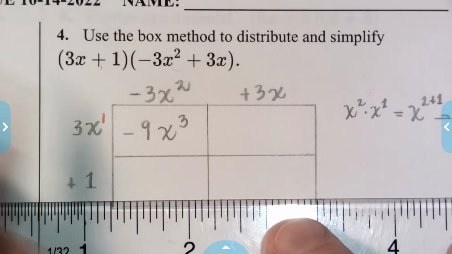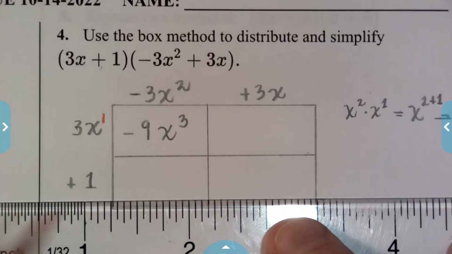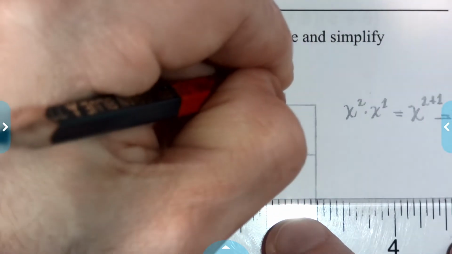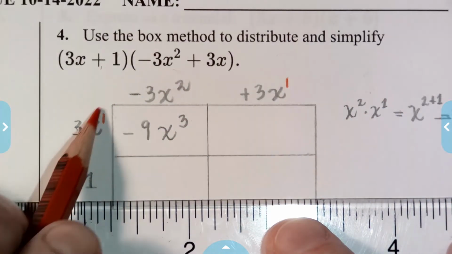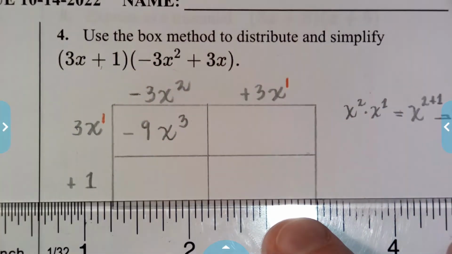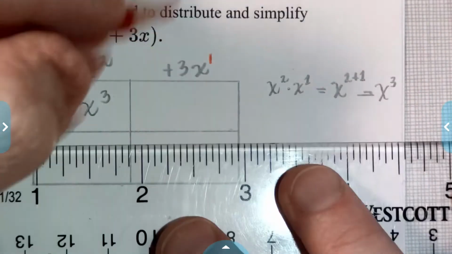And now, that was our cubic term, here comes our quadratic term. 3x to the first times 3x to the first. Now, you know, you could just say, hey, that's the same thing times itself, so that's just 3x squared, right? And you're right, because it's 3x to the first times 3x to the first. And what I mean by 3x squared is something quite different from the way it may have sounded.